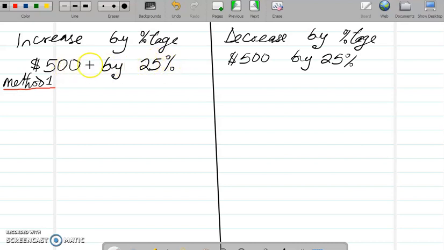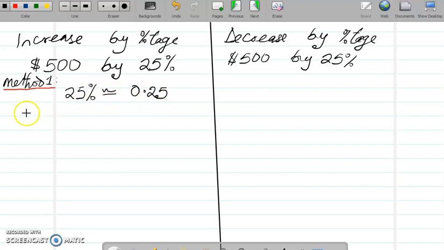After finding the 25% of 500, whatever I have as a result, I will add it to the original amount, that is 500. So first we have 25%, which gives us 0.25. I hope you know that you divide by 100.